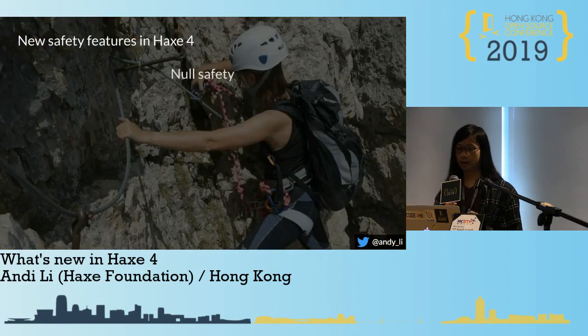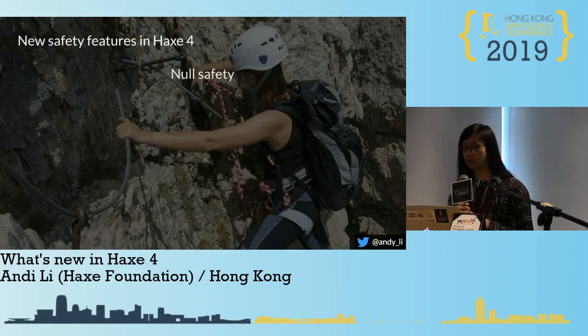Yeah, and then let's move on to the features. We have some safety features introduced. The first one is null-safety. Null exception is a painful thing that comes from having null as a feature.